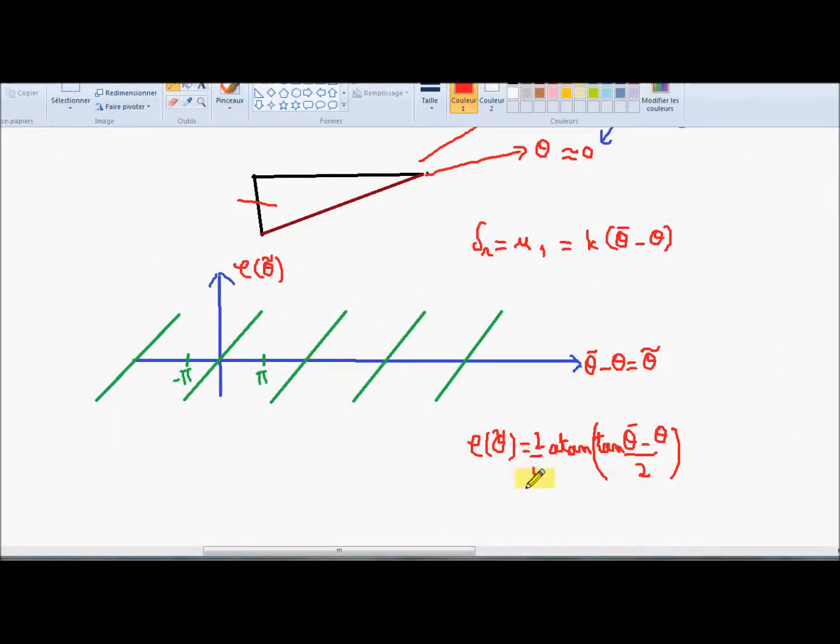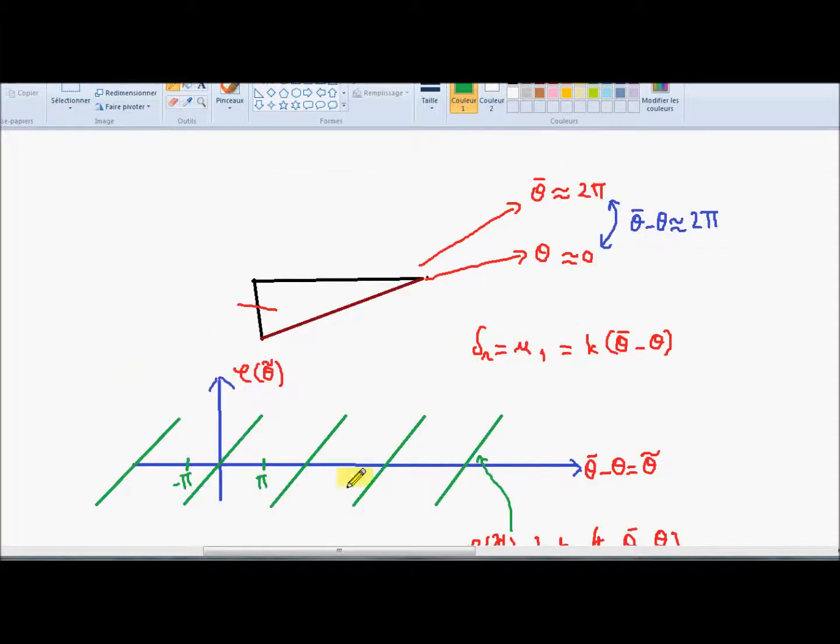So this function corresponds to the green function represented here. This makes it possible to avoid the modulo 2π problem. If I take one of these angles and add 2π, then the error will not change.